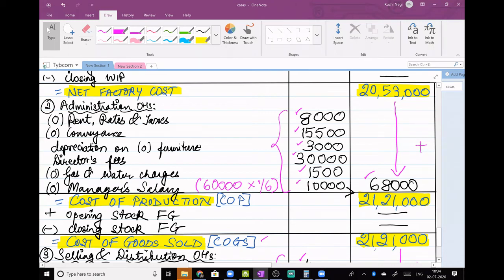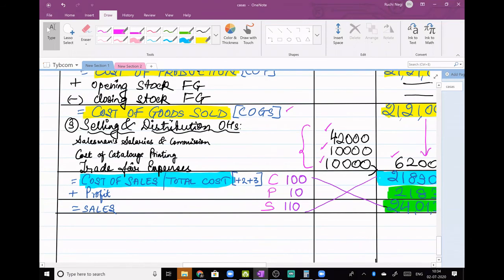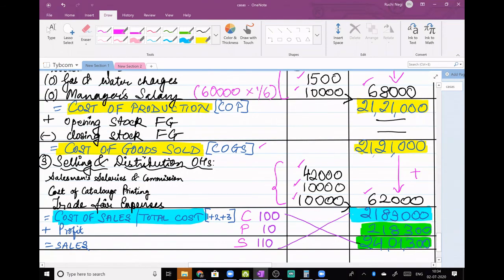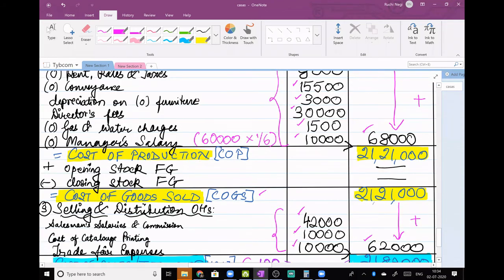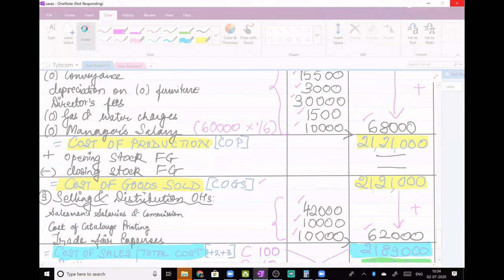Next, the last part is selling and distribution overheads. So what do you have in that? Salesman salary 42,000.